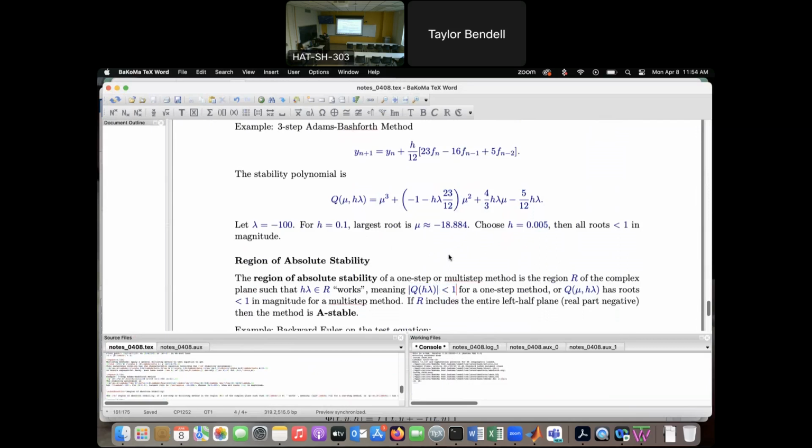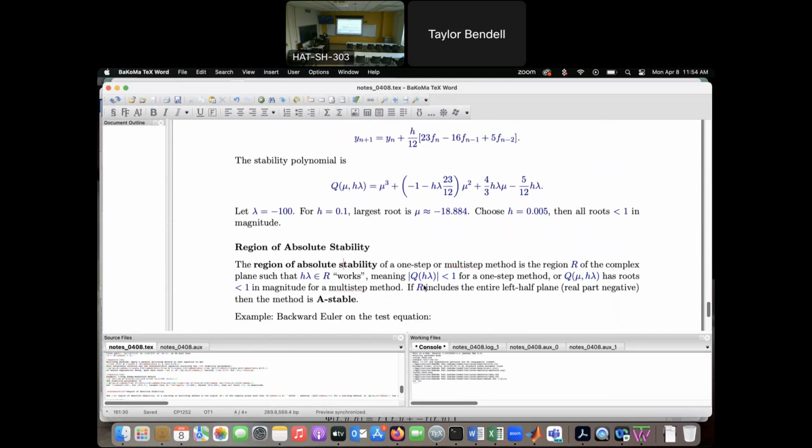Or for a multi-step method, that this stability polynomial Q of u with parameter h lambda, I probably should use a different letter, but oh well, has roots that are less than 1 in magnitude. So you apply the appropriate criteria, and for whatever values of h lambda you get stability, that's the region of absolute stability.